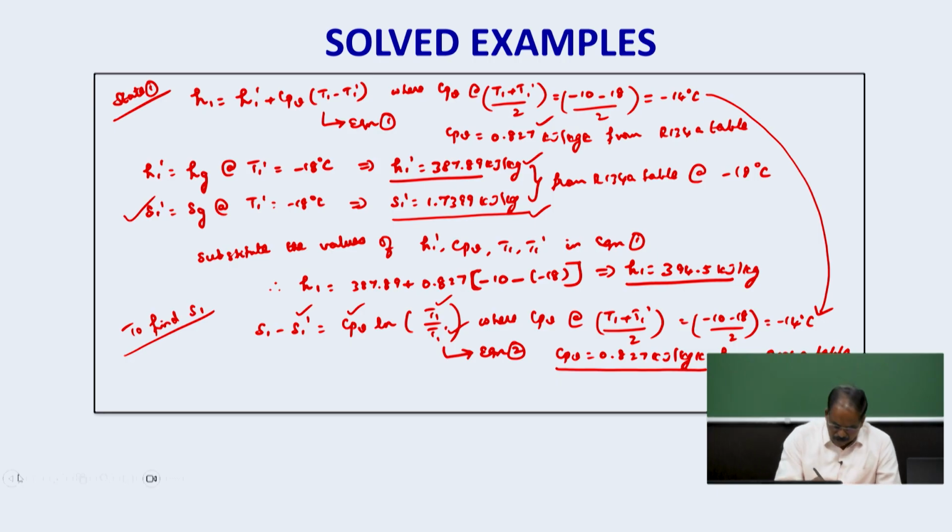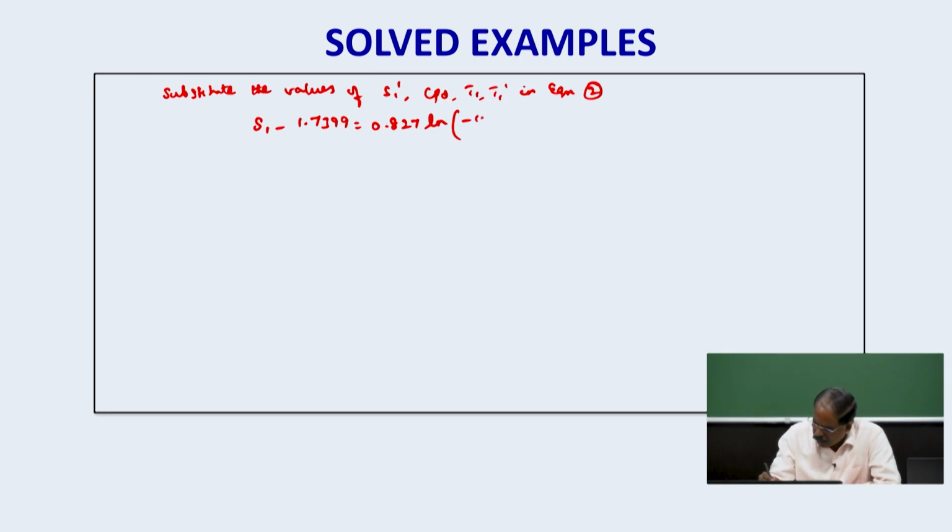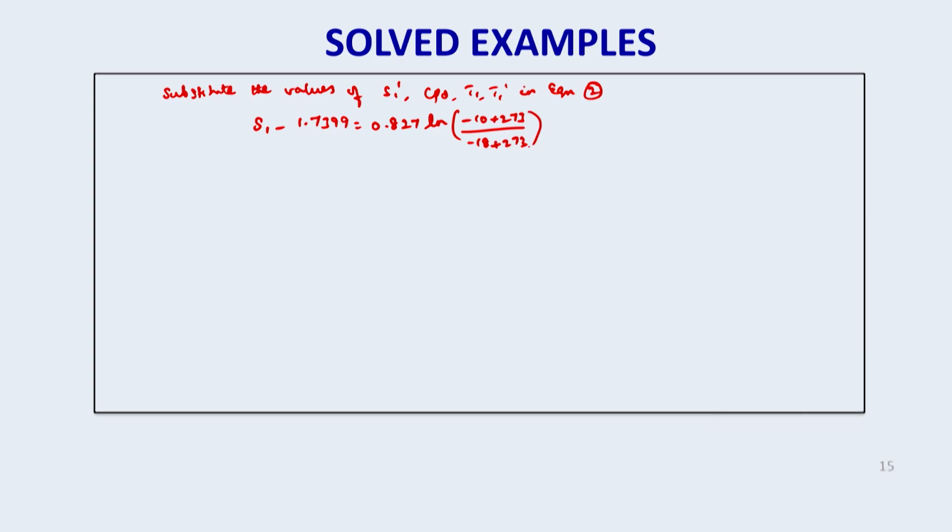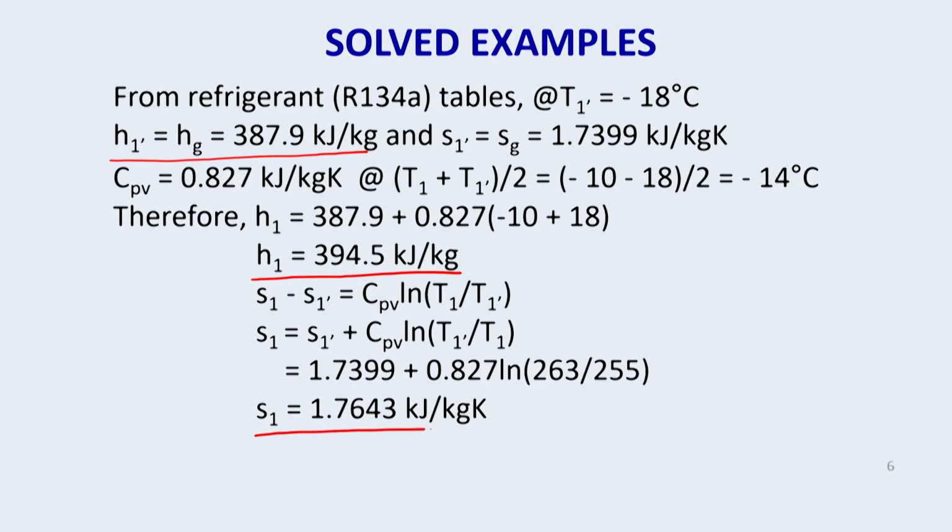T1 is minus 10, so plus 273. T1 dash is minus 18 plus 273. So that is in Kelvin, 263 and 255. Solving this, we will get S1 equal to 1.7643 kilojoule per kg Kelvin.